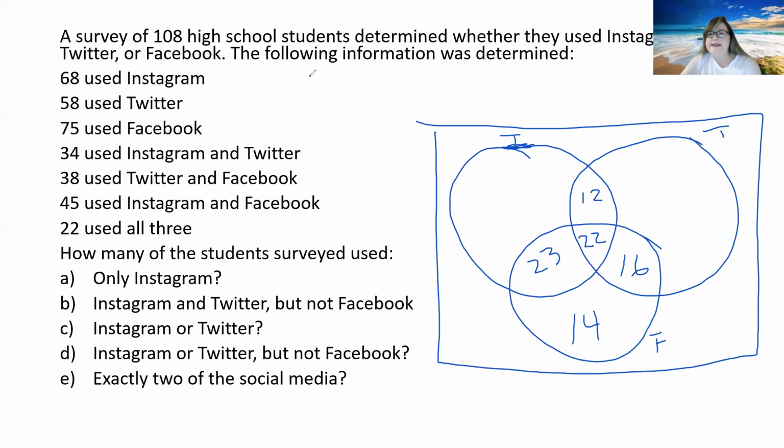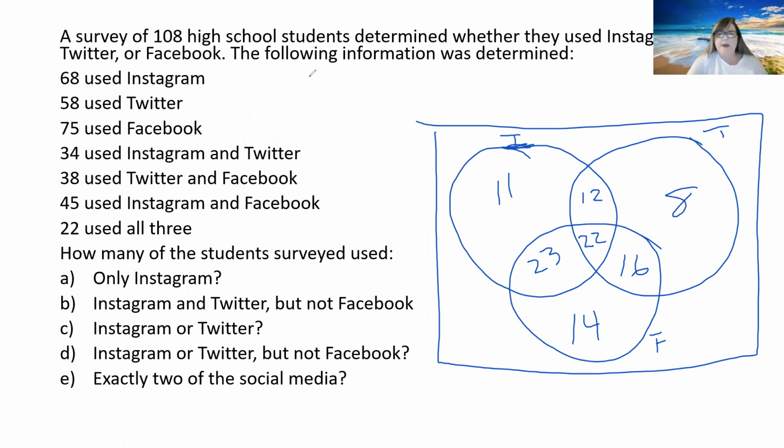I've already got 16 plus 22 plus 12. So that's 34, 50. 50 away from 58 leaves 8 out here using Twitter. All right, 68 used Instagram. So 23 and 22 is 45. And the 12 would be 57. So 57 from 68 leaves 11 using Instagram.